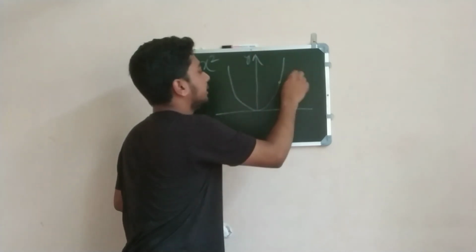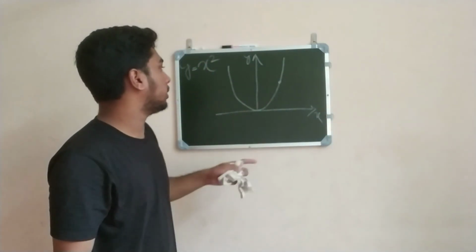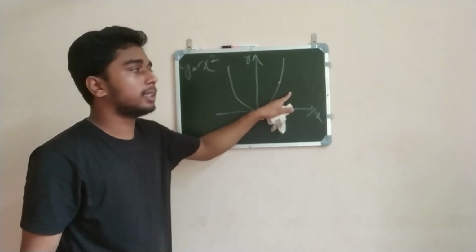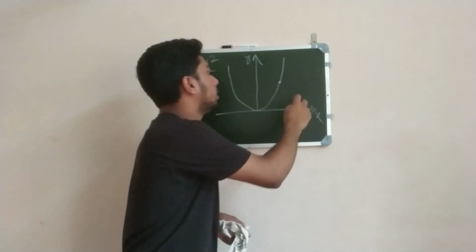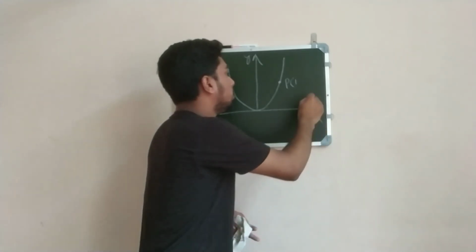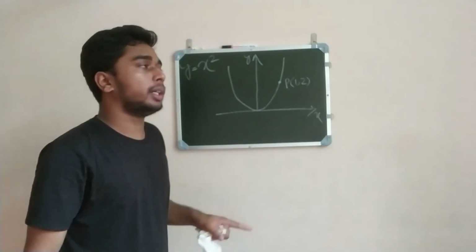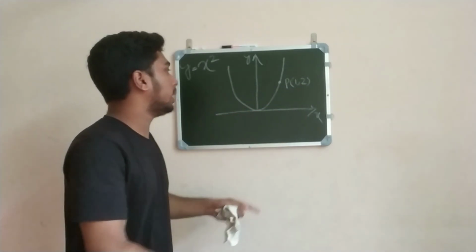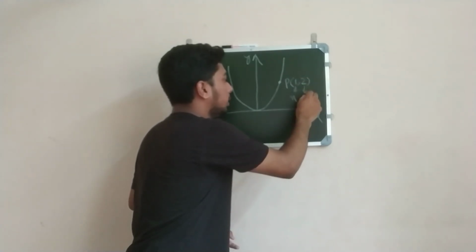This is my y-axis and this is my x-axis. Consider a point. For example, in the question it is given to find the slope at the point P whose coordinates are 1 and 2. Here 1 is the value of x and 2 is the value of y.